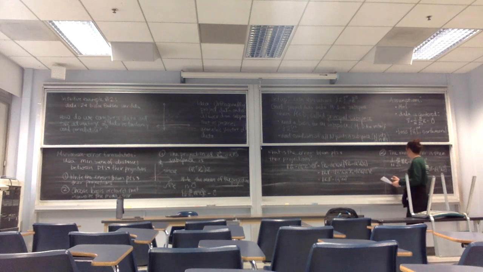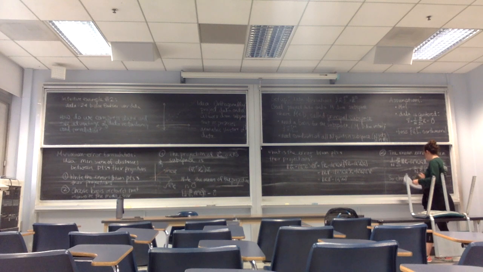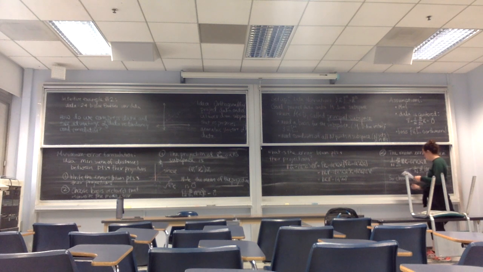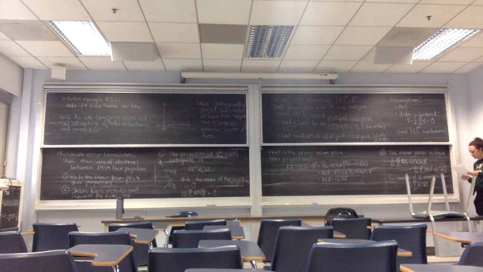So choose v1 to maximize this average squared inner product.